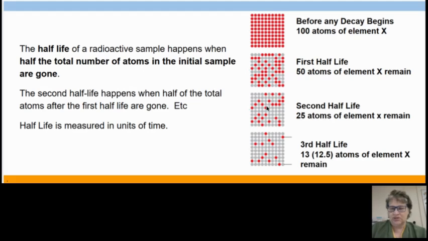So now we're at 25. And it's the amount of time that it takes to go from here to here. The amount of time from here to here is your first half-life. Your second half-life should be the same amount of time.